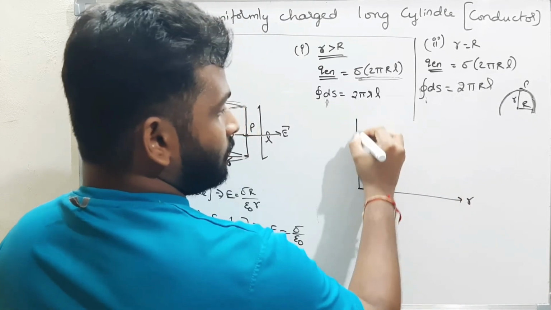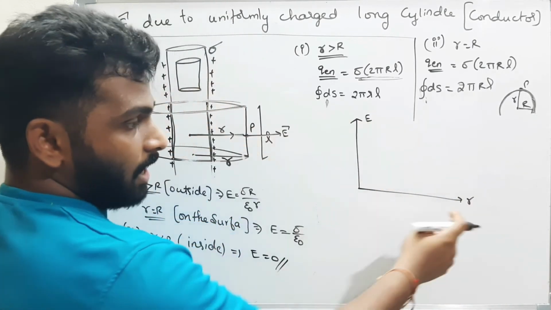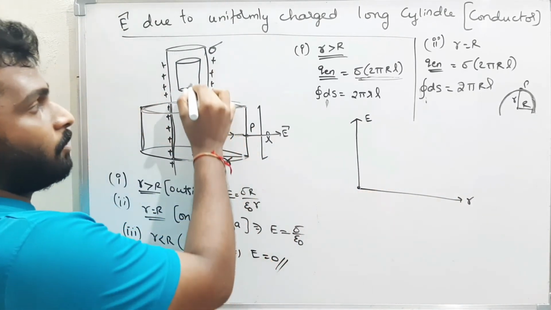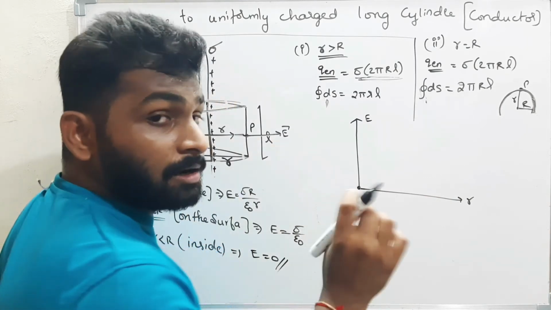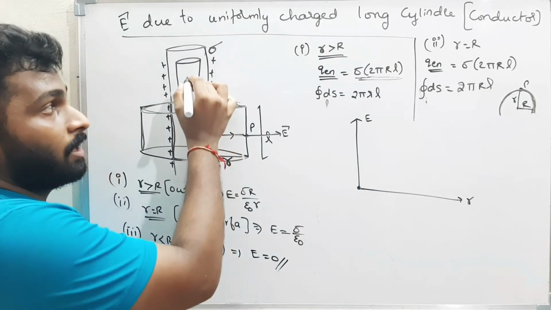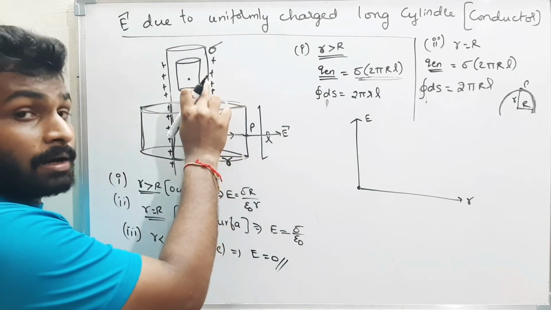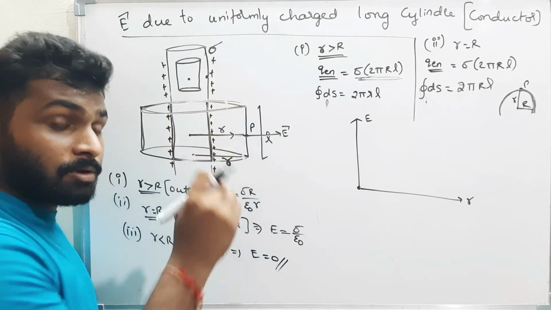This is r and this is electric field. When r is 0, that means the point is somewhere at the center, what is the electric field? Electric field is 0. Till where will the electric field be 0? Till capital R, the electric field will be 0.